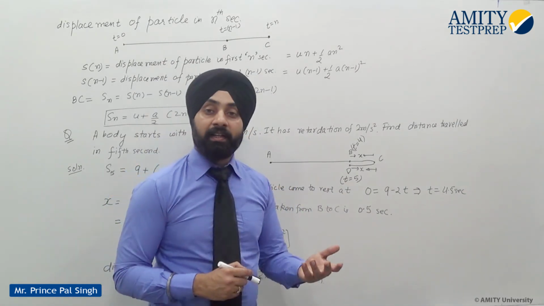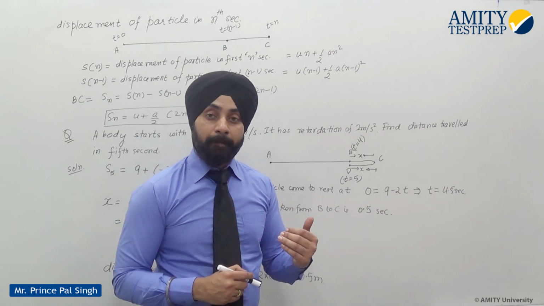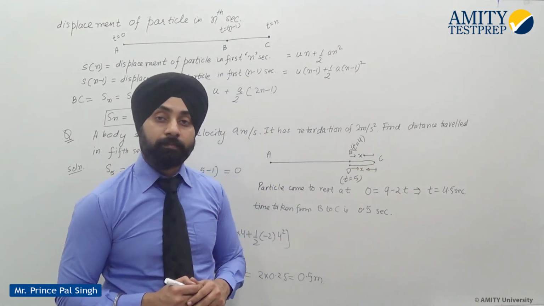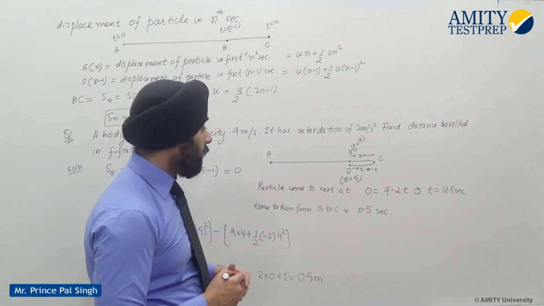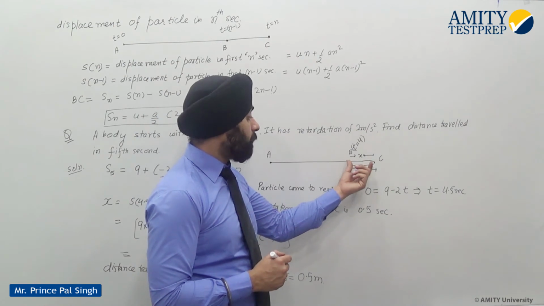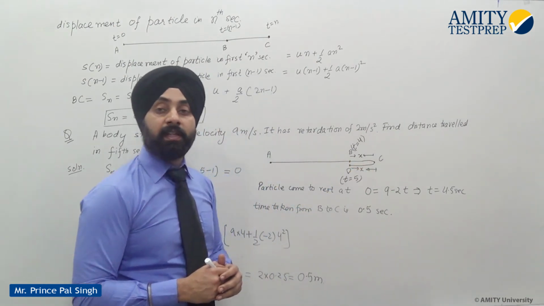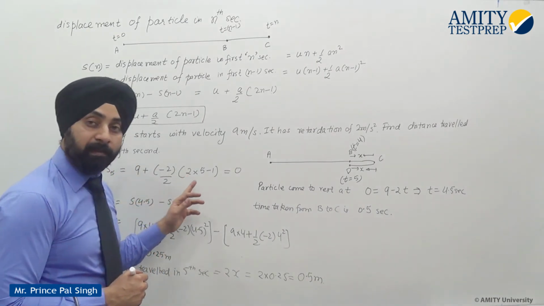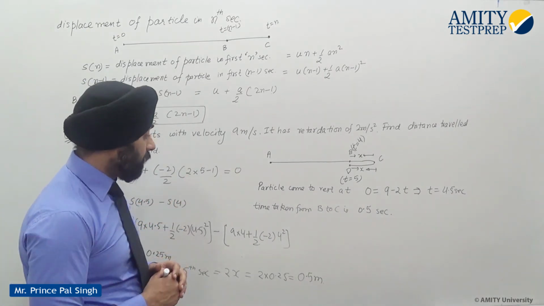In the next half second, that is from 4.5 to 5 seconds, it has travelled the same distance but in the reverse direction. So if we find out x, then 2x, 2 times x, will be the distance travelled in the 5th second, again remembering that the displacement is 0 in the 5th second.